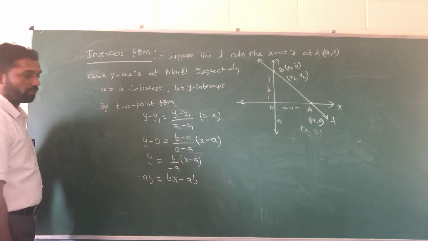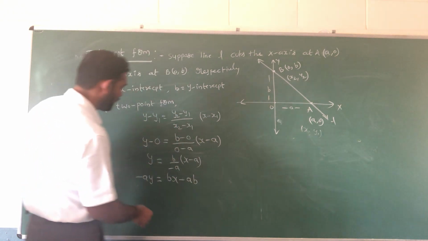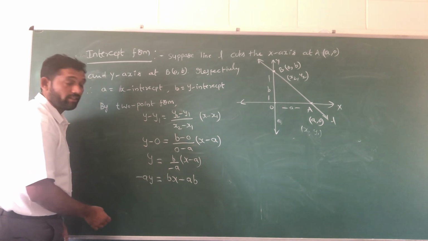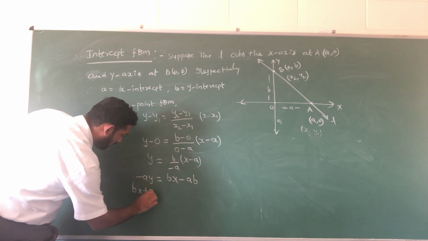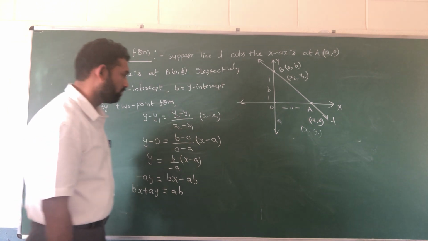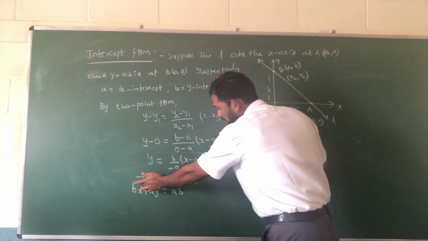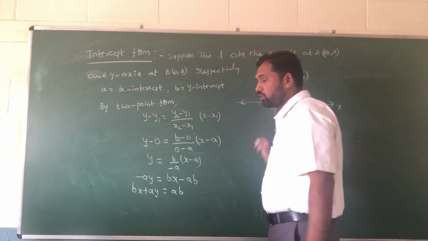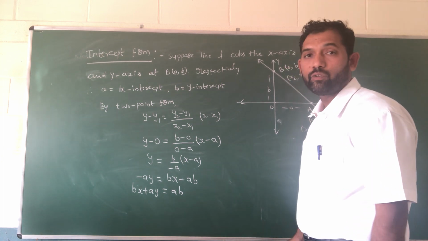Now simplify this one: bringing the terms across, bx plus ay is equal to ab.